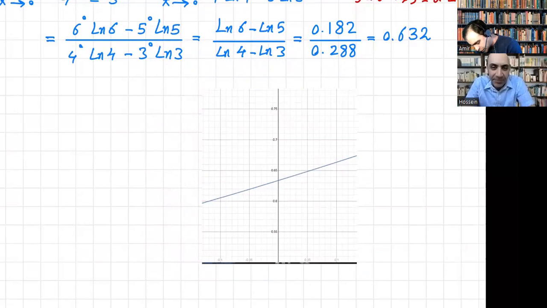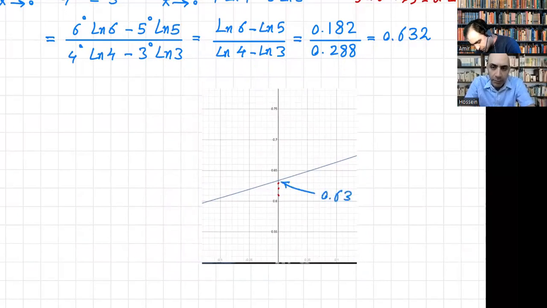This one is 0.6, and then we have 1, 2, 3, and then the point here is 0.632.